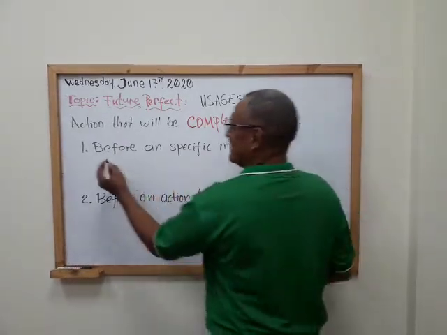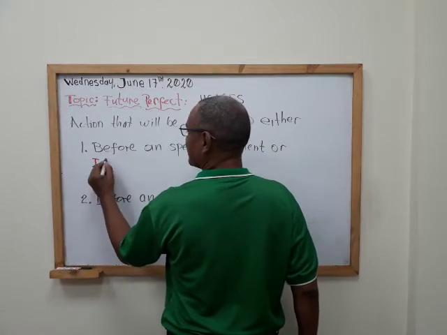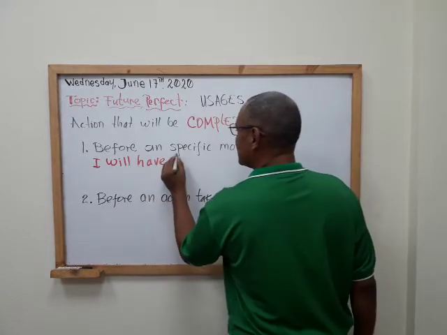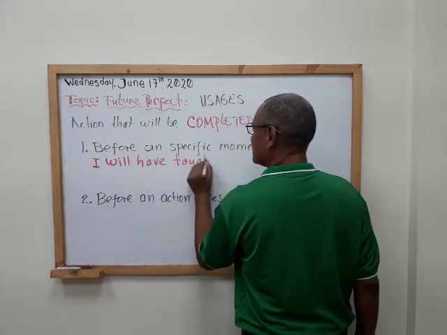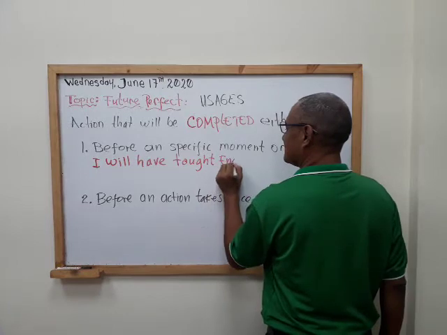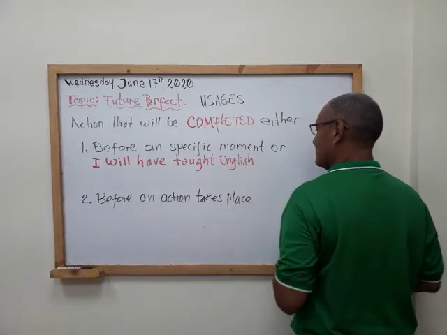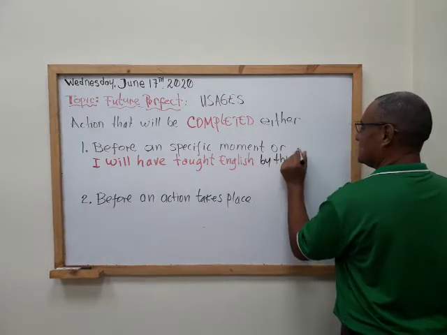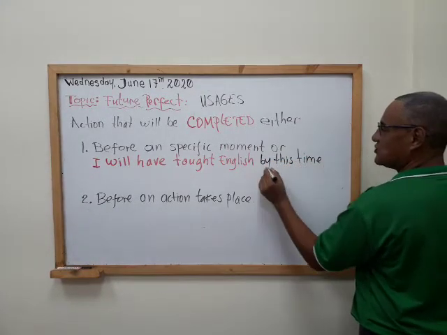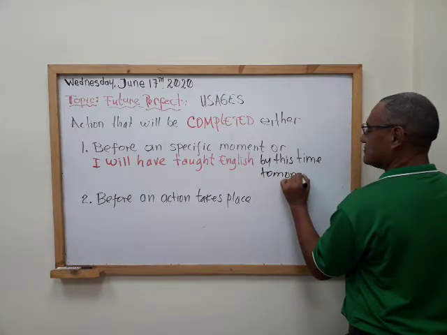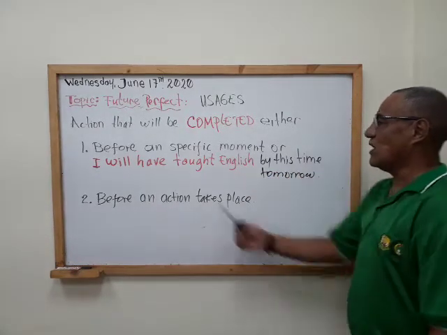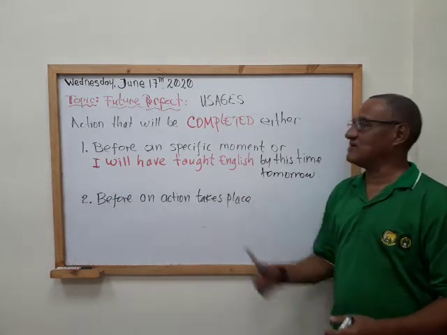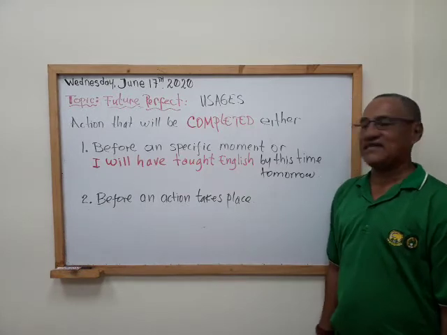Okay, then I say I will have taught English by this time tomorrow. Okay, yo habré enseñado inglés mañana a esta hora, which means that there is a completed activity.